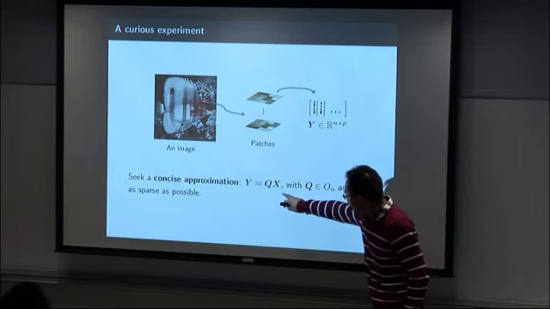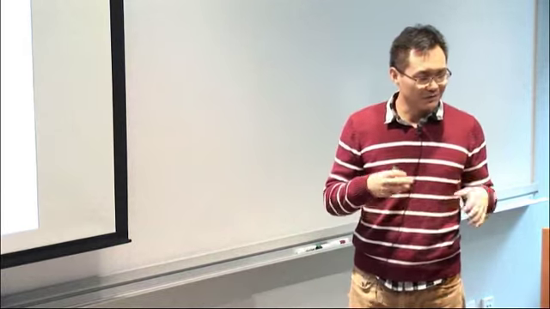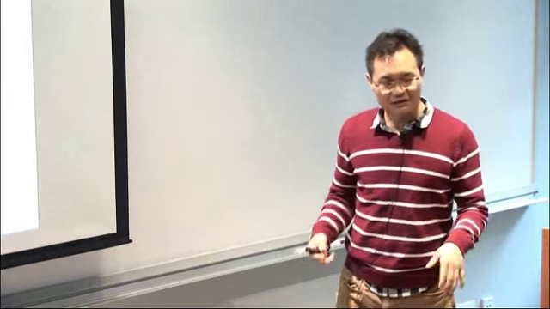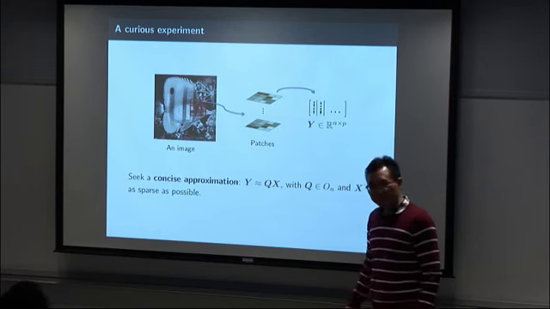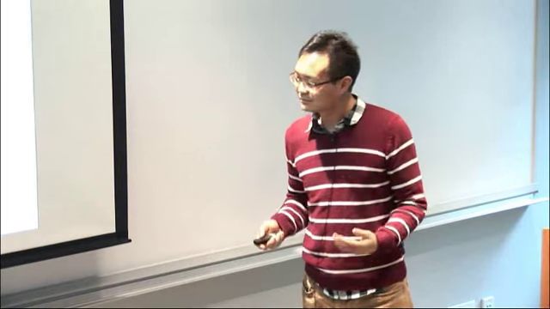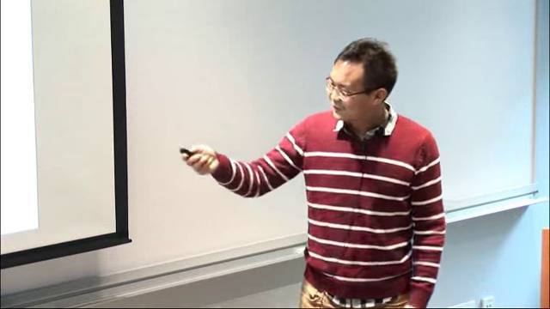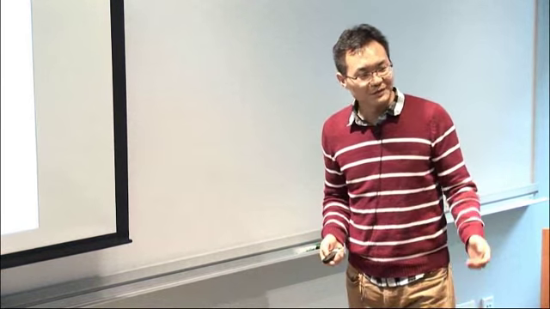And X is the coefficient matrix. For the purpose of doing image compression or image recognition, that kind of task, we normally want X to be as sparse as possible. So Q is the dictionary, X is the coefficient matrix, and we want X to be sparse.